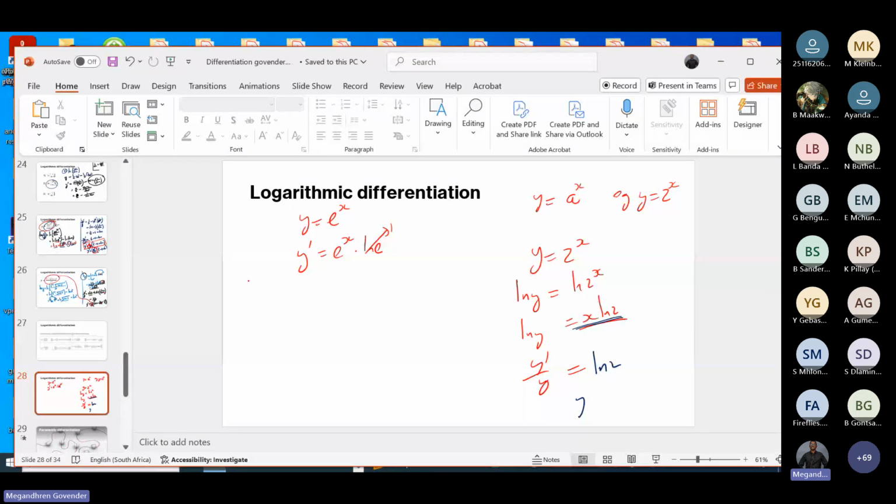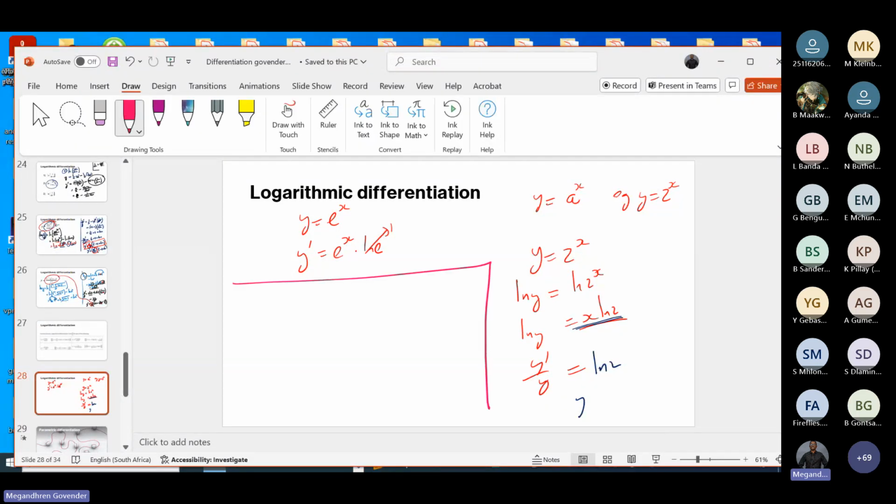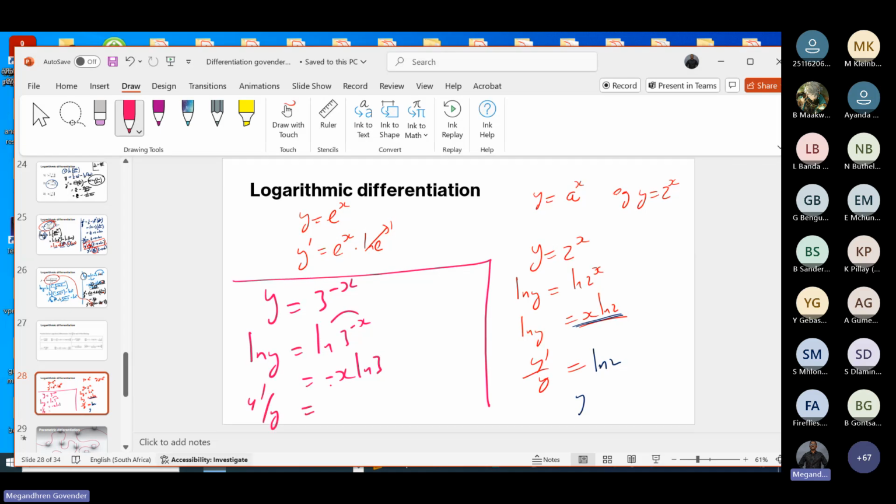Right, let's go here. I want you to appreciate this. If I gave you y equals 3 to the minus x, you take logs on both sides. The minus x is going to pop to the front, so you're going to get minus x ln 3. If I differentiate, I'll get y prime over y, and the derivative of minus x ln 3 is minus ln 3.